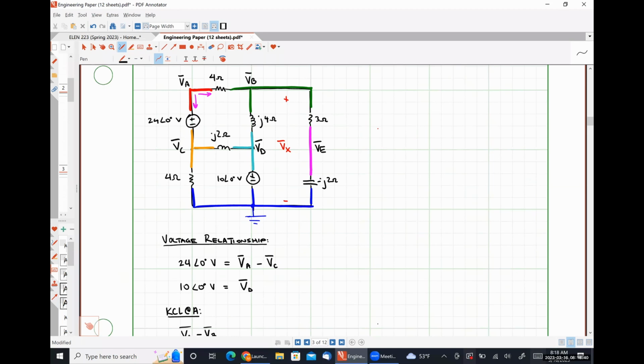And then I'm going to add to that the current flowing down through that voltage source. How do I express the current flowing through a voltage source in terms of my nodal voltages? So I'm doing Kirchhoff's current law and saying that the currents that are flowing out of that node are positive and that the sum of them will equal 0.